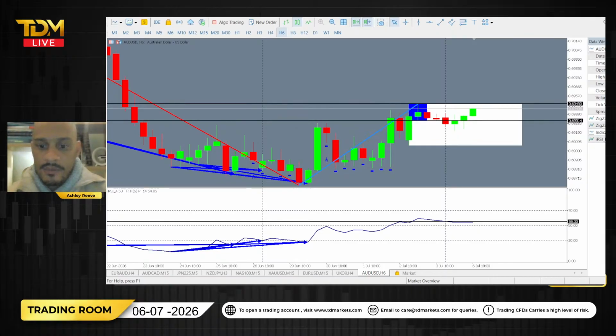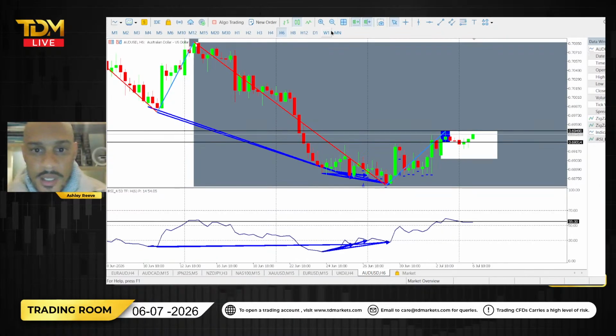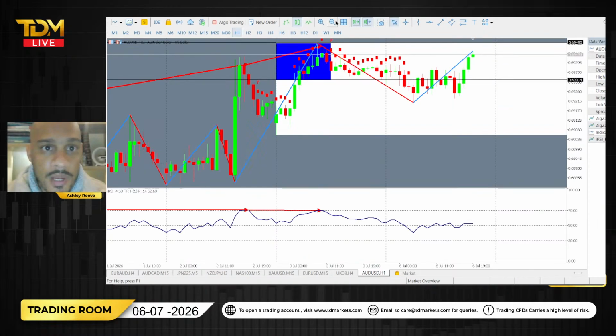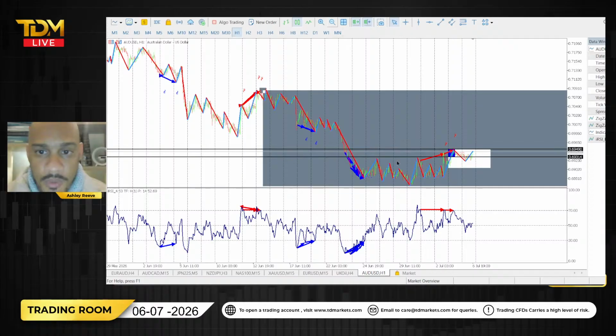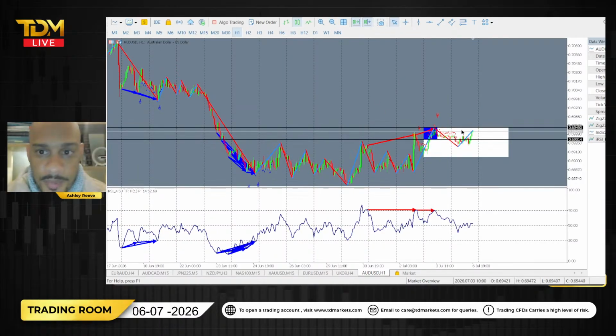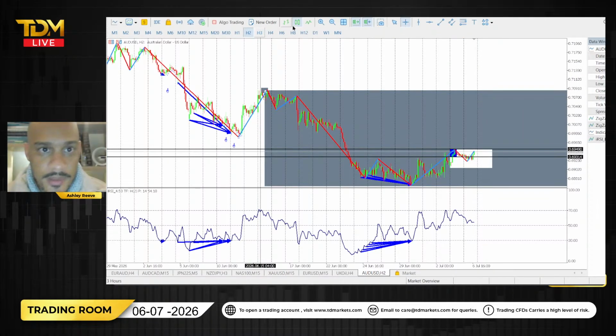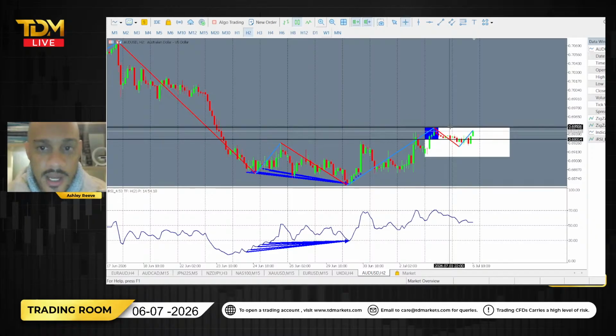I'll probably set my alarm because AUD runs. There's a lot of divergence here. Look at this. It's actually a stunning chart. So I'll be waiting for a push to the upside. We've seen the divergence on the top here, and we've had a dip, and we are now waiting for this.